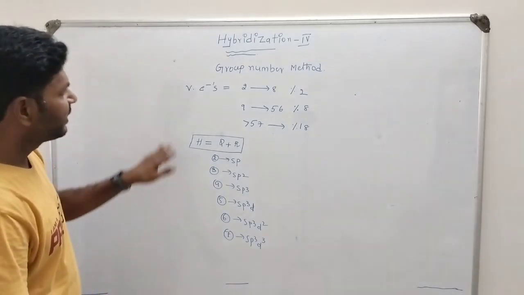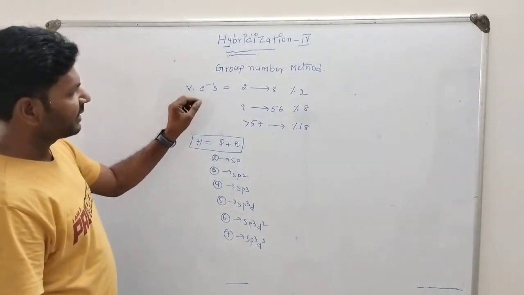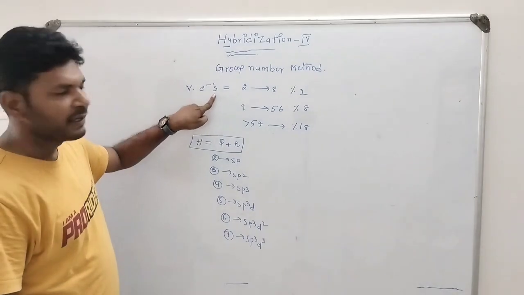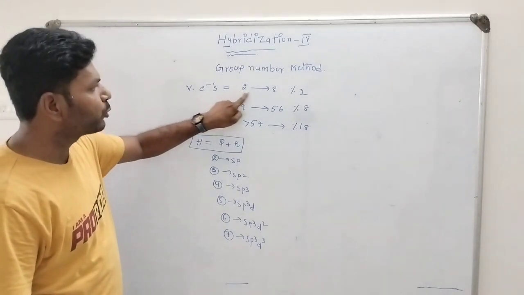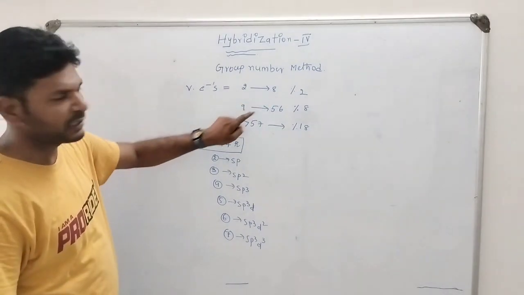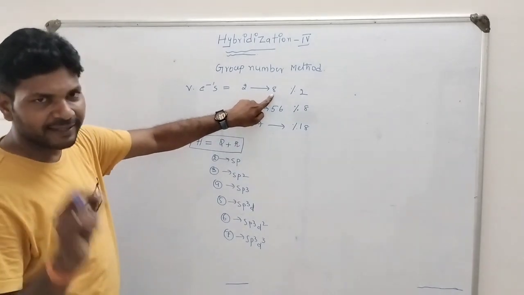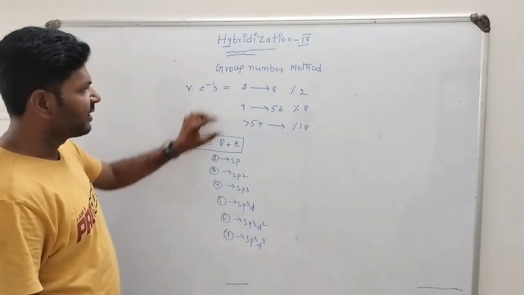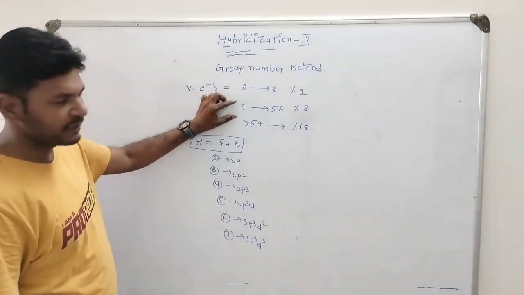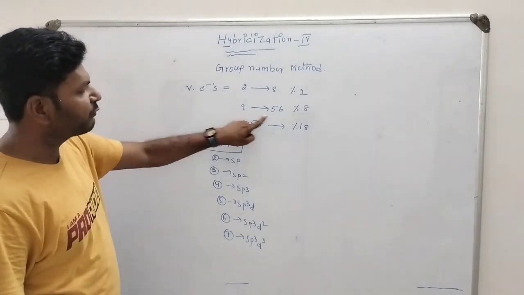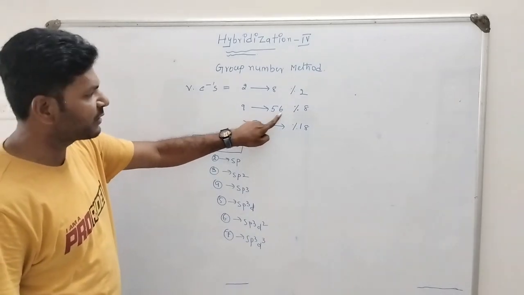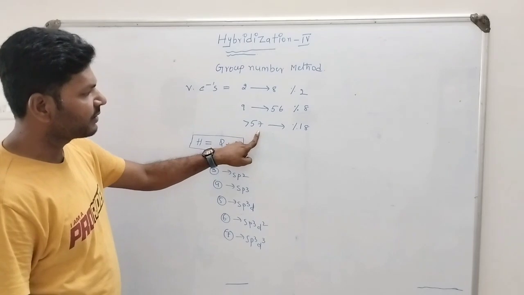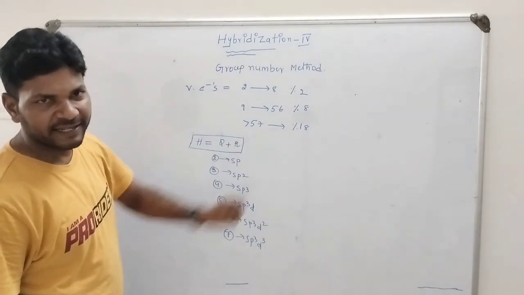If the total resultant valence electron number is between 2 to 8, we divide that value by 2. If the total is between 9 to 56, we divide by 8. If it is above 57, we divide by 18.